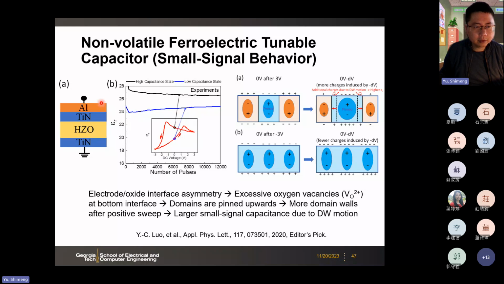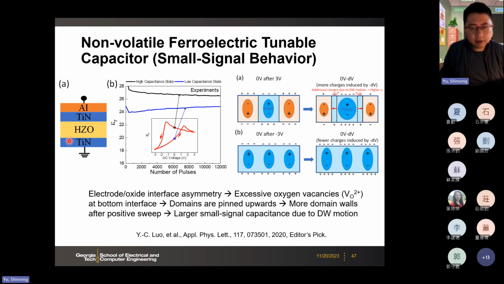And let's say you have small signal from the top or small signal from the bottom, it should be the same. But somehow, if the device has some internal defects, especially in the bottom electrode, because of plasma enhanced ALD to do the hafnium zirconium oxide growth, then the plasma may damage the surface a little bit. So we have more oxygen vacancies here.